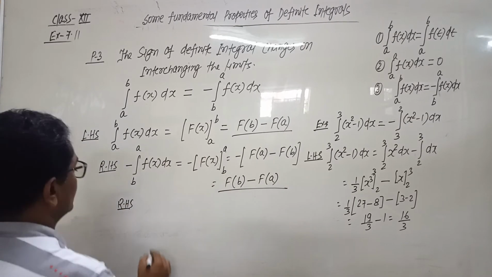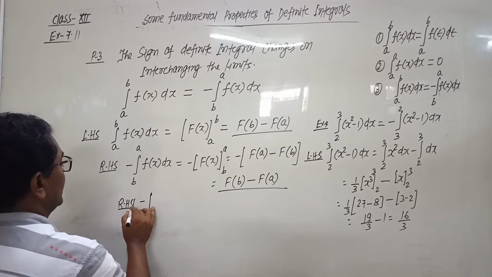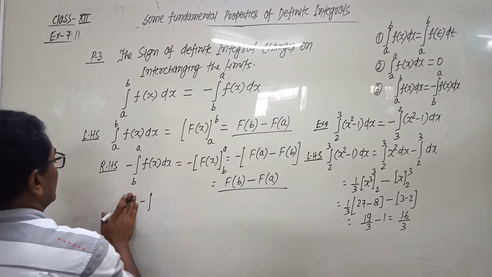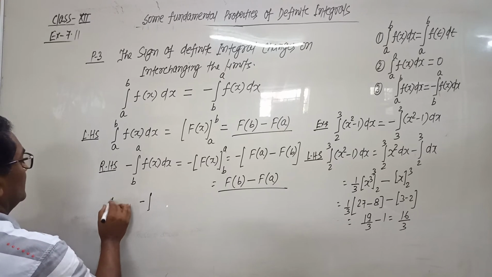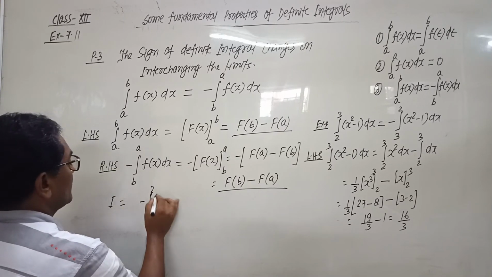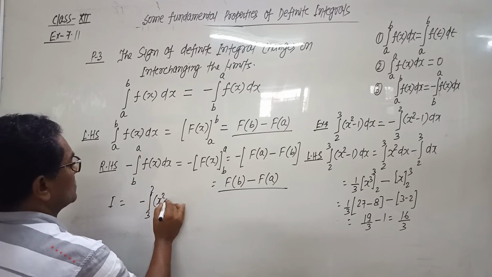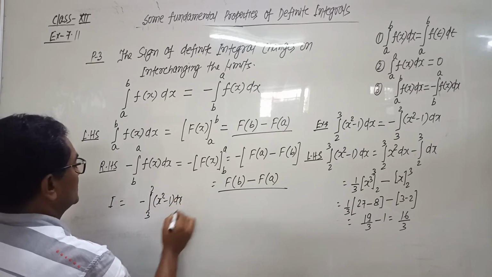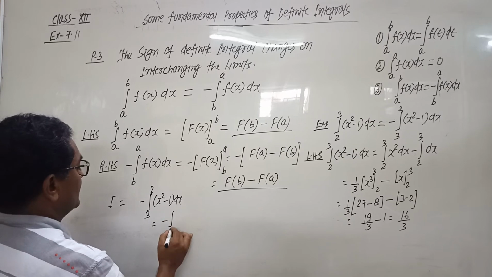Now solve RHS. So RHS is minus integration limit 3 to 2 x square minus 1 dx. So this can be separated.